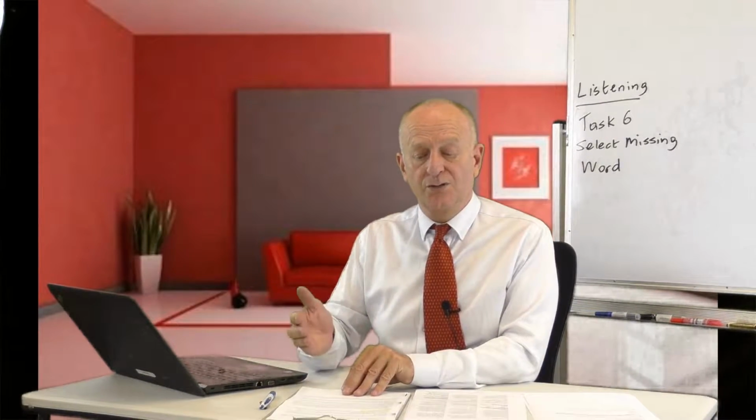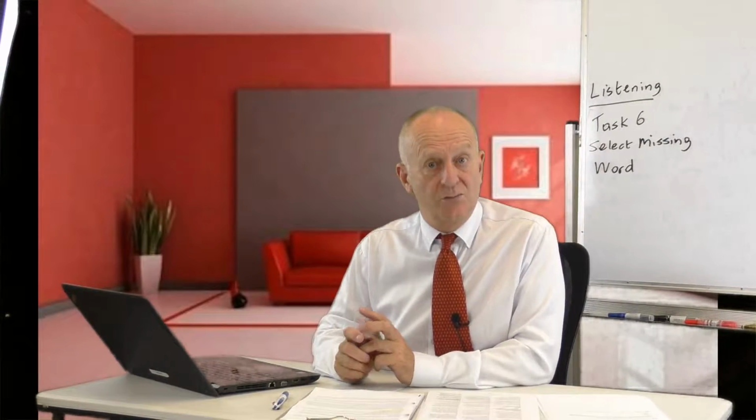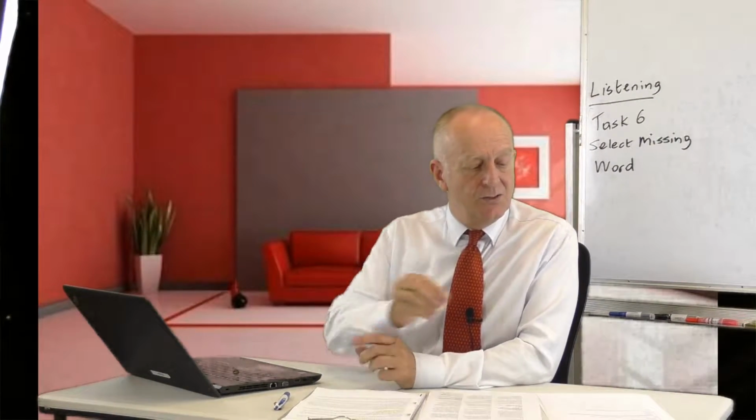Now, before you listen, quickly look at the instructions for the task, which give you the subject of the audio. If you look at the first one from your downloaded sheets, you'll hear a recording about the brain. At the end of the recording, the last word or group of words has been replaced by that beep. So the subject is about the brain. You then need to skim the options to get an idea of the feature of the subject that the speaker is talking about.